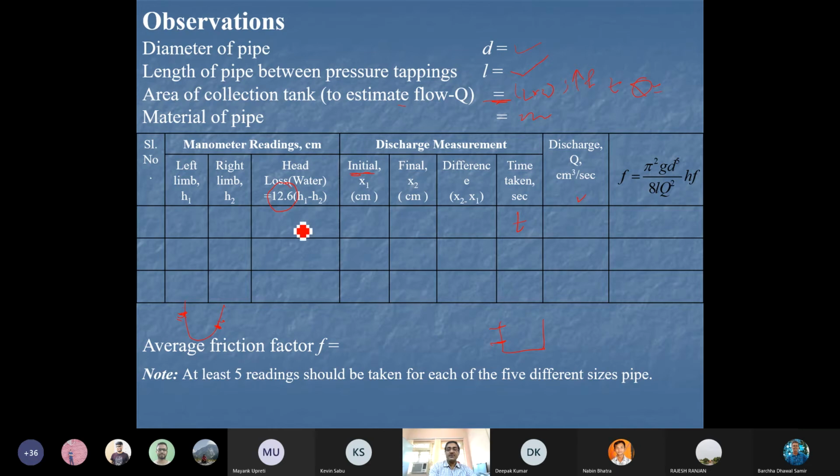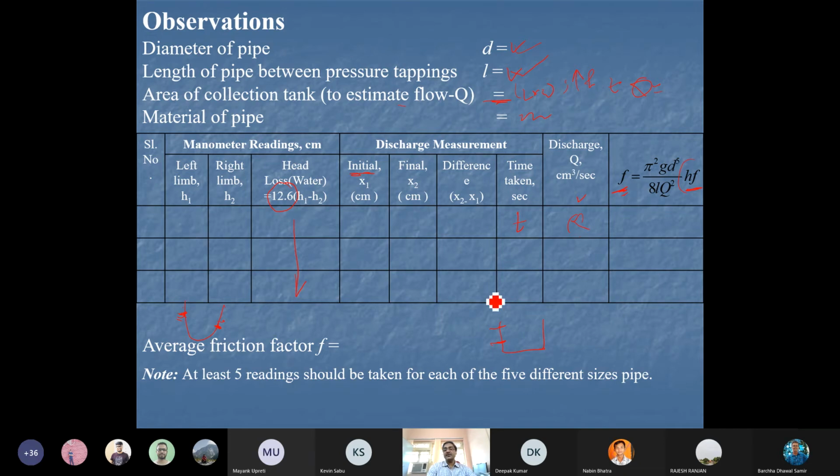Once we have the head difference, that is HF, the head loss, the discharge Q, the diameter of the pipe, and the length of pipe through which flow passes, we can find the friction factor for different diameter pipes and different discharge conditions.